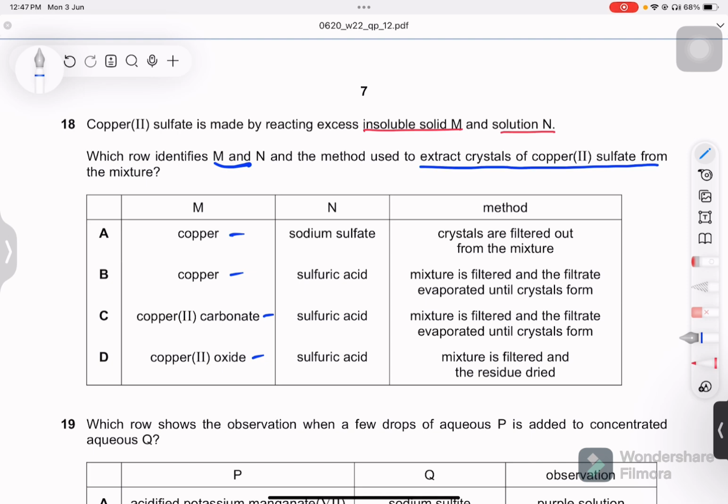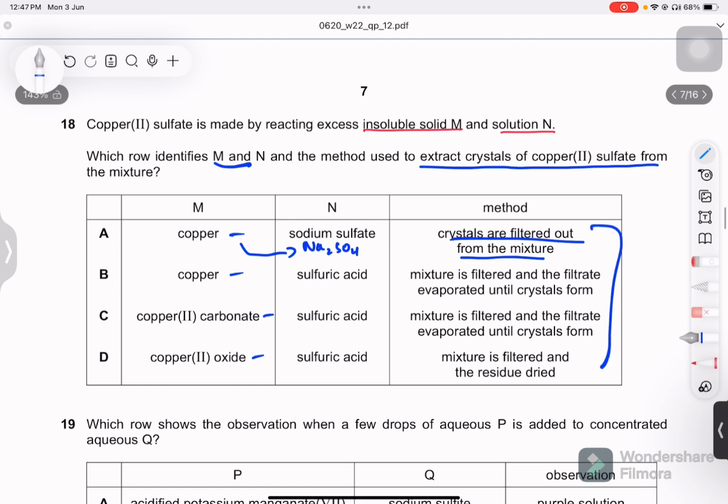When it reacts with N, so sodium sulfate, can copper react with sodium sulfate? No, copper cannot displace sodium over here. Copper is below in the reactivity series. And this is also written over here, crystals are filtered out from the mixture.